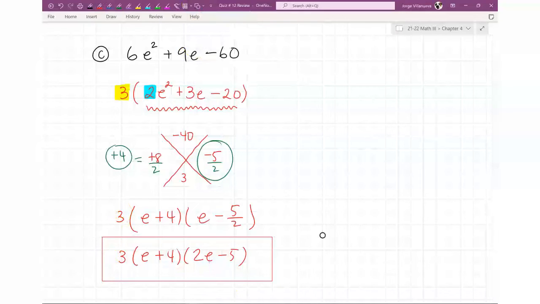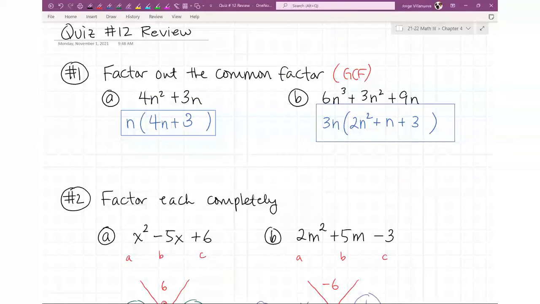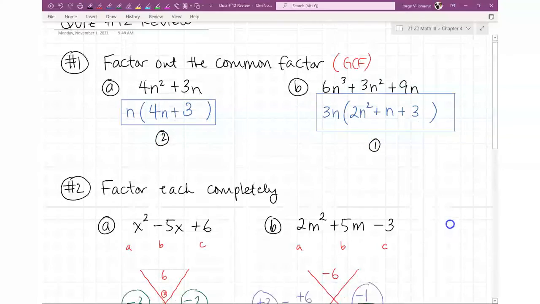Now, there's just 2 more problems. Just so you guys know, let me write this down here. For question number 1, there's going to be 2 of these, 1 of these. So that's 3 problems so far.